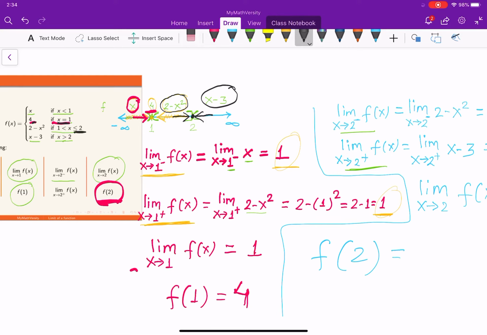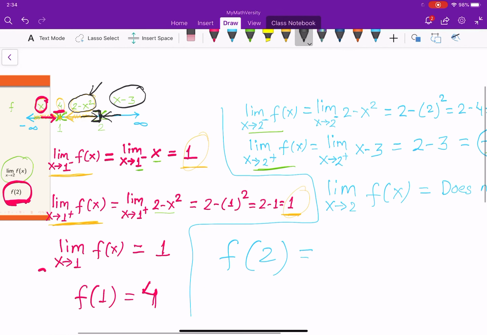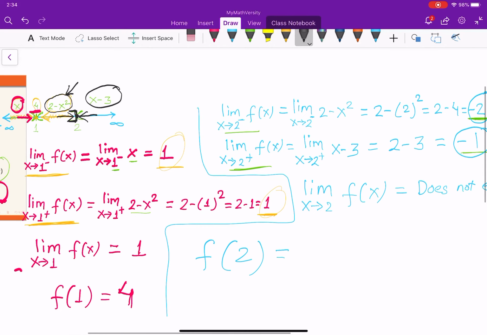But we do have direct information in a sense that there is less than or equal to, right? When x is less than or equal to 2, then the function is defined by 2 minus x square. Or when we summarize the information, you can see here we have the bracket here, right? So that also gives us the perception that exactly at 2 the function is defined by this rule over here, 2 minus x square.